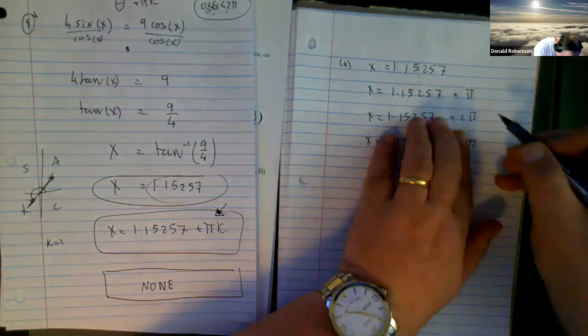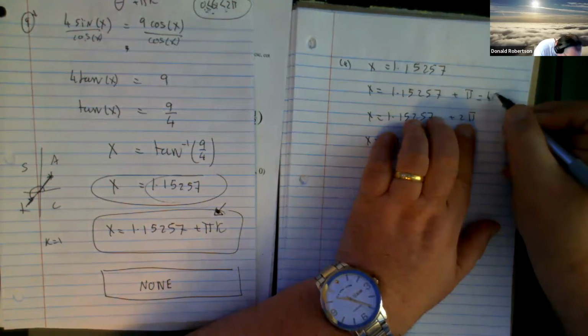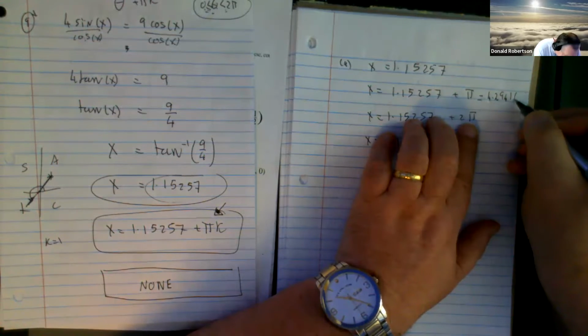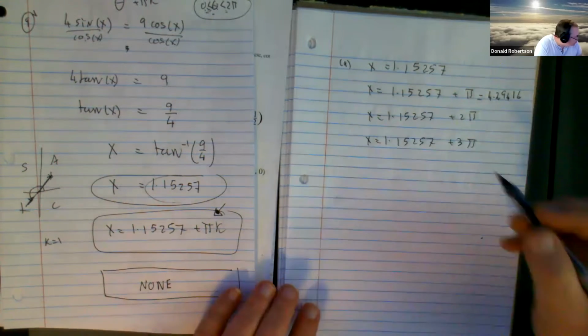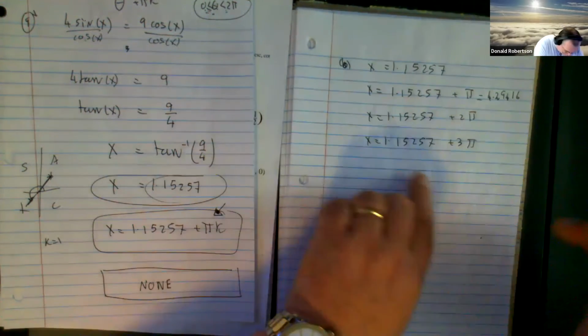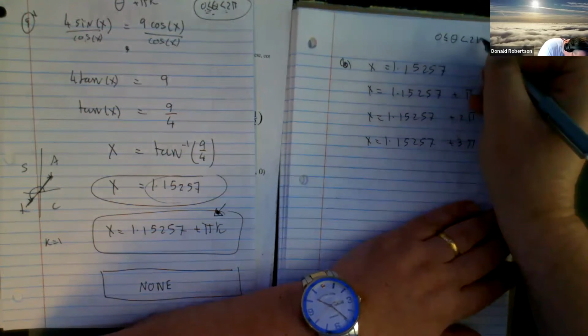Now, if you do that in your calculator, I'm just looking at their numbers, you're going to get 4.29416. And in question B, which is what this is, they ask you to write down all the solutions, but only the ones that are in the range 0 to 2 pi.